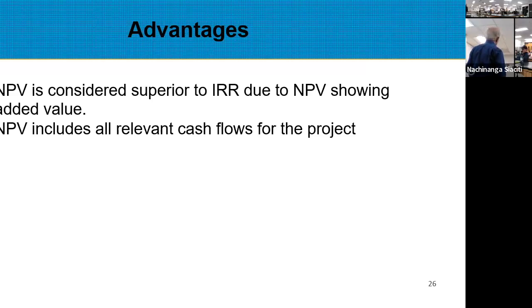The NPV includes all relevant cash flows for the project. This one becomes very significant because when you're working with a project, some of the stuff is very obvious. In the case of a concentrator plant, you have the chemicals, you have the electricity, you have a variety of obvious expenses. But some of them may not be so obvious.